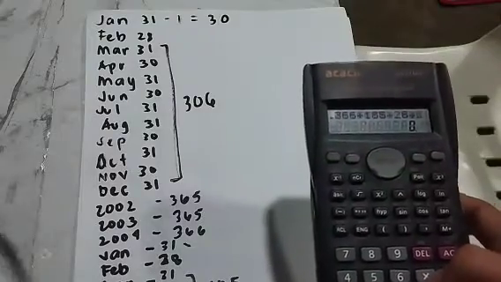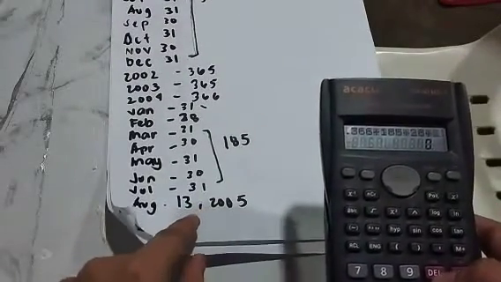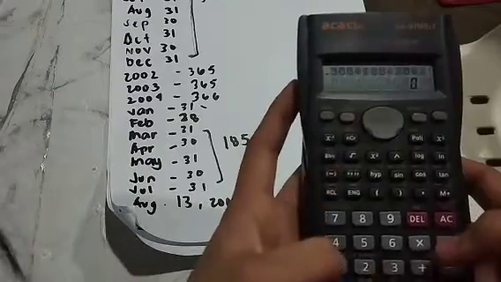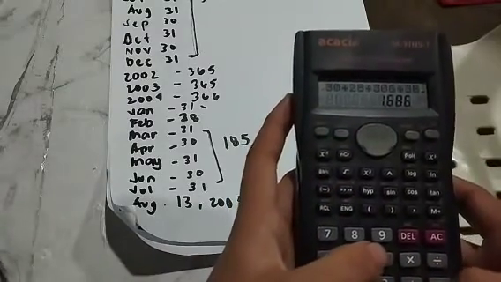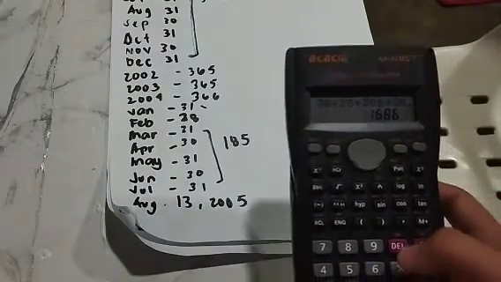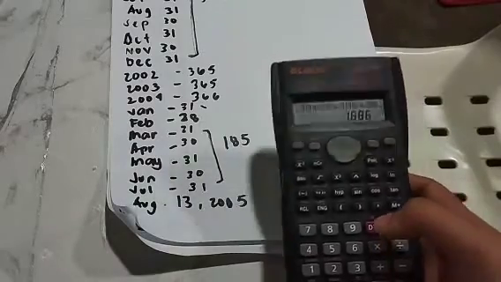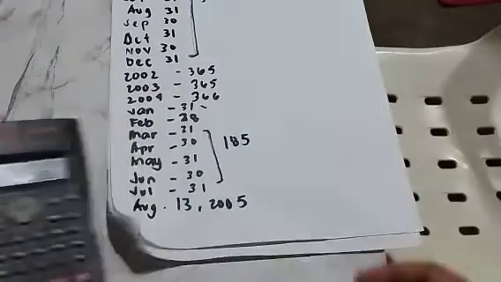Lastly, 13. So overall, we have 1,686 days.